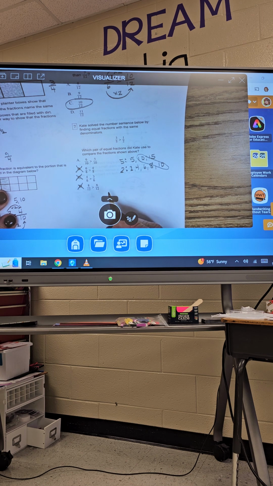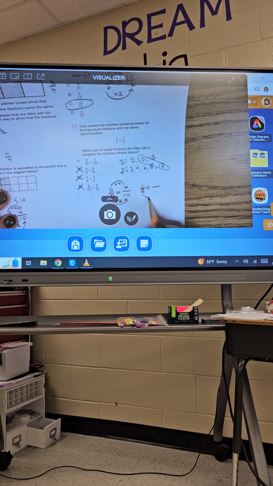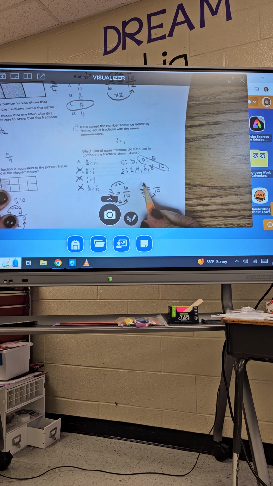Now, just to make sure, I'm going to make tenths out of both. Five times 2 is 10. 3 times 2 is 6. 2 times 5 is 10. 1 times 5 is 5.